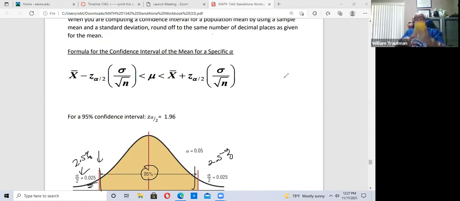It's not turning on. And so I can't do that. Give me a second.